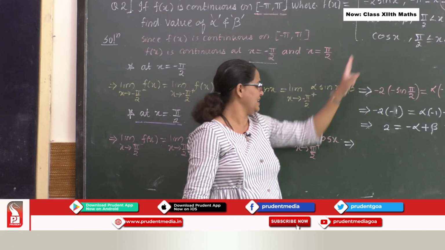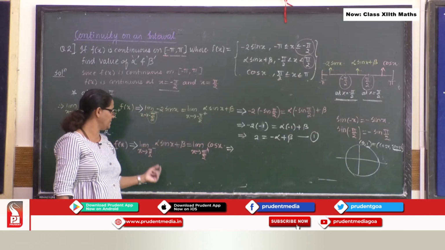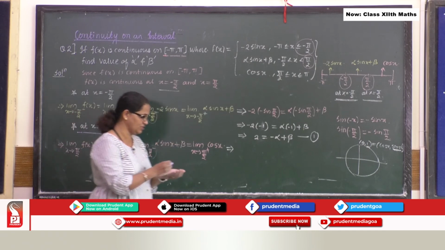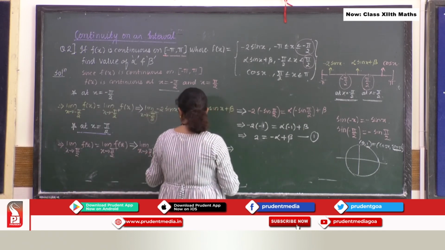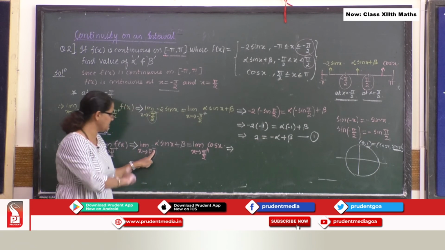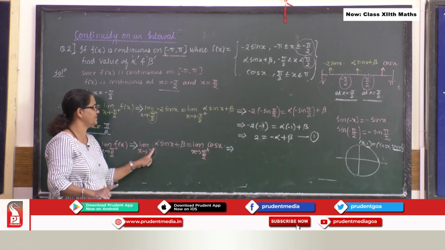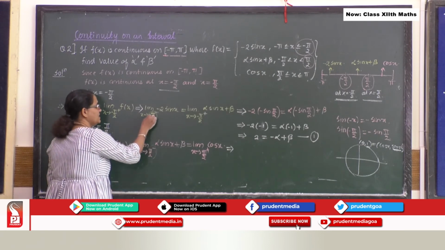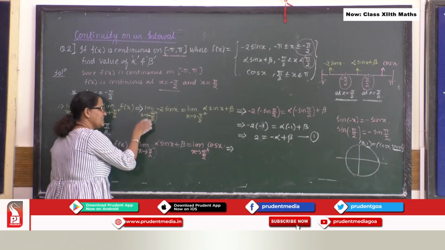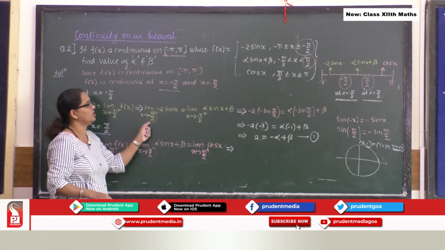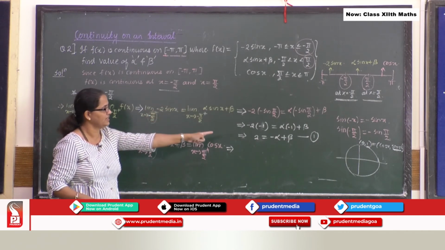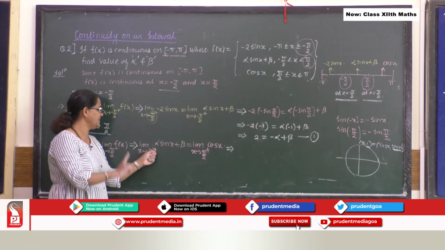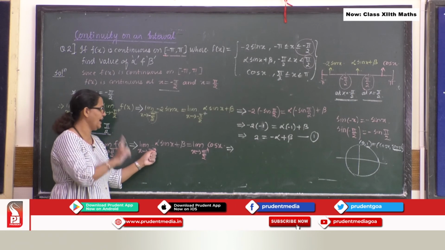That is cos x. Once I substitute the limit value in place of x, this minus sign has no significance on x, but it is important because it tells you it is your left hand limit.